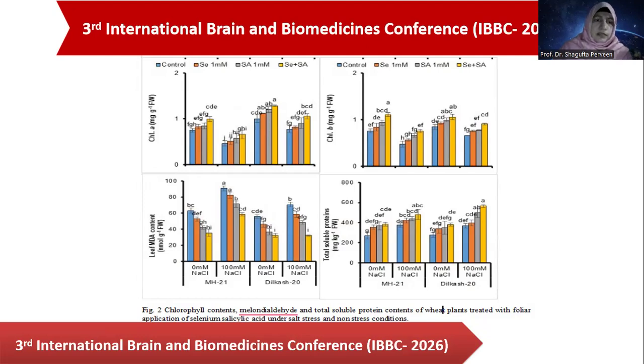And the leaf malondialdehyde contents and total soluble proteins increased under salt stress in both wheat varieties, while Dilkash 20 showed that the contents of malondialdehyde were lower as compared to MH21. That shows that Dilkash 20 shows less damage in membranes as compared to MH21.